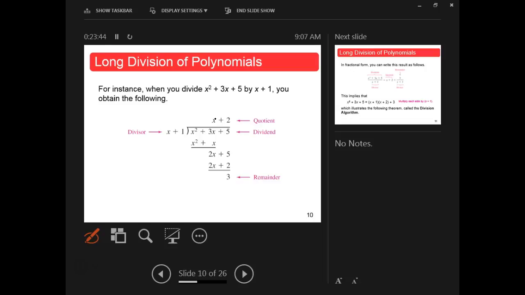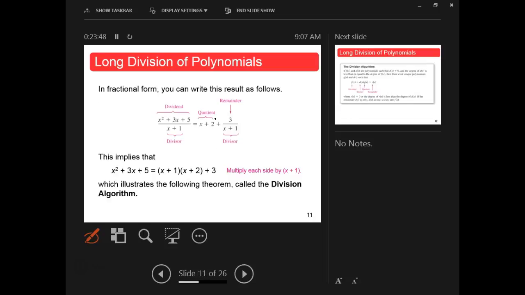Next thing they're going to show us is how you can write that very thing we just did. This is basically what I did before. Remember, division can be written a couple of ways. You can do divisor into dividend in the house, or you can put the dividend on top with the divisor on the bottom.